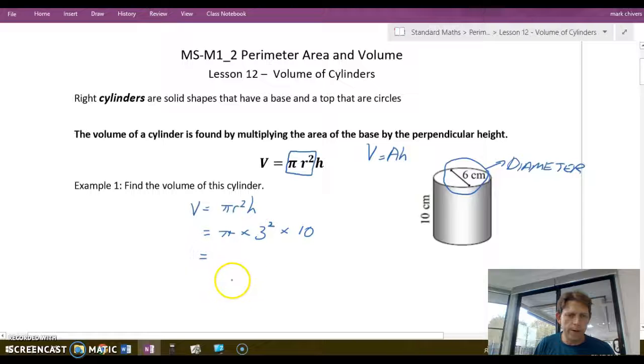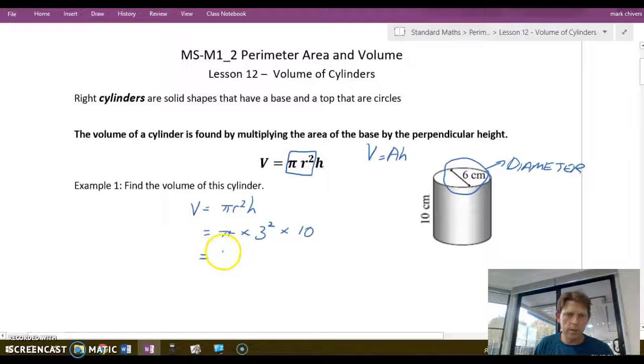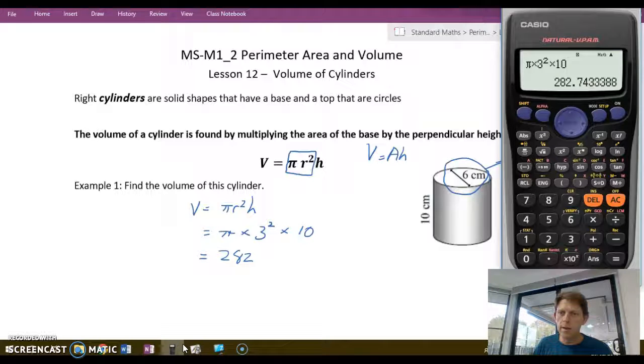We plug all that into our calculator, which I'll just bring up here. Shift, pi times the radius squared times by 10. And that gives us 282.74. I'll go to 2 decimal places.